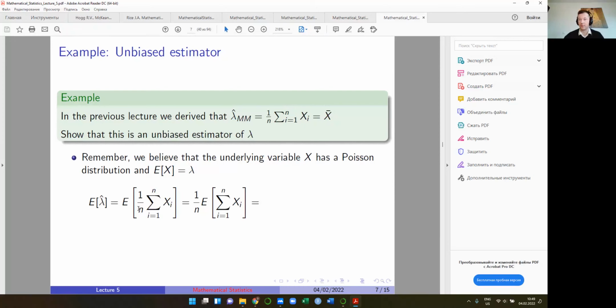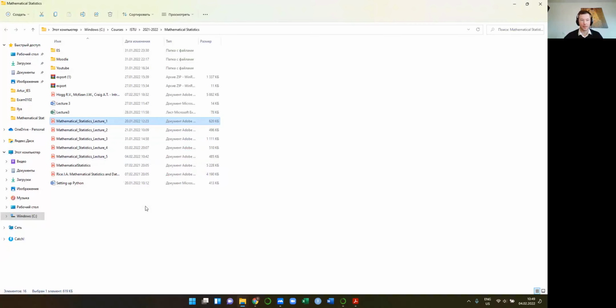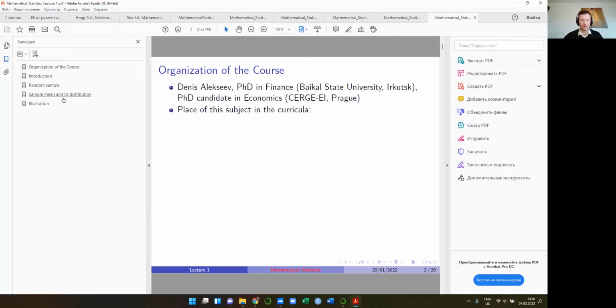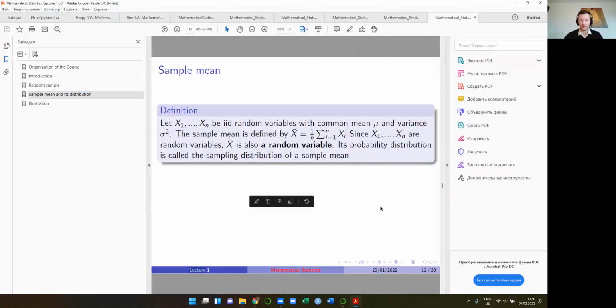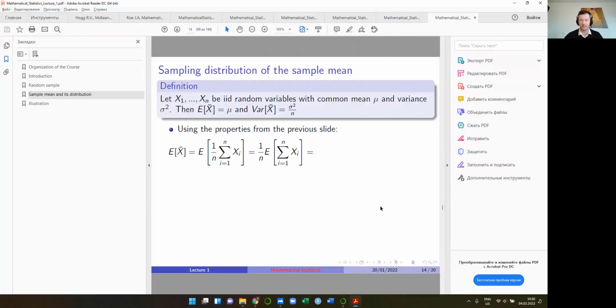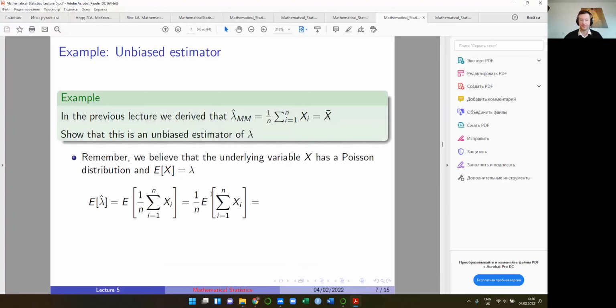I hope you remember, I didn't put this at the beginning of the slides, but in the first lecture we derived the expectation of a sample mean. It was here, right? So the same thing applies here.